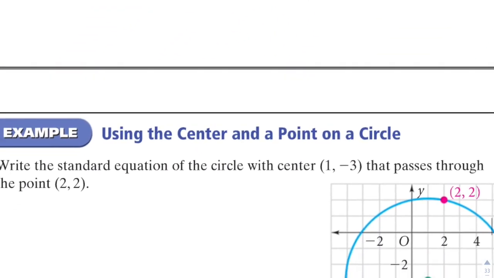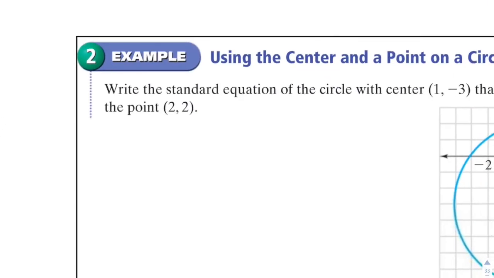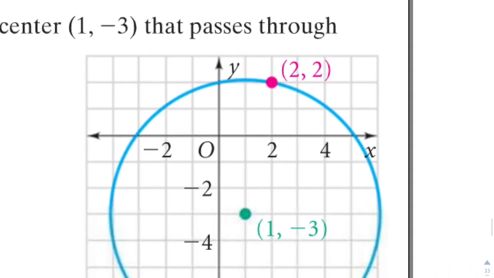All right. Write the standard equation of a circle with center 1, 3 that passes through the point 2, 2. Okay, if I'm not mistaken, I have my h and my k, and I have my x and y.